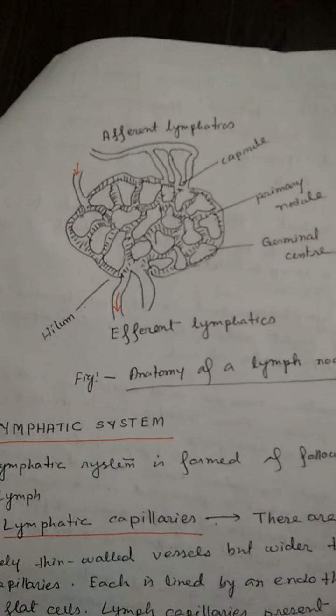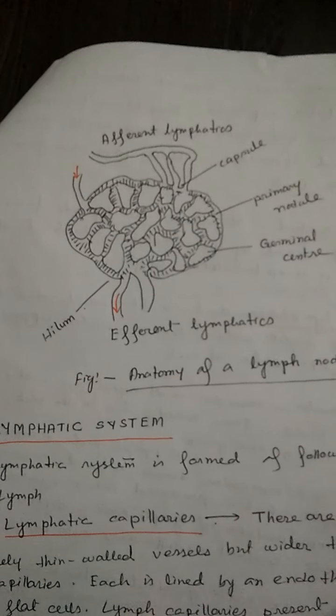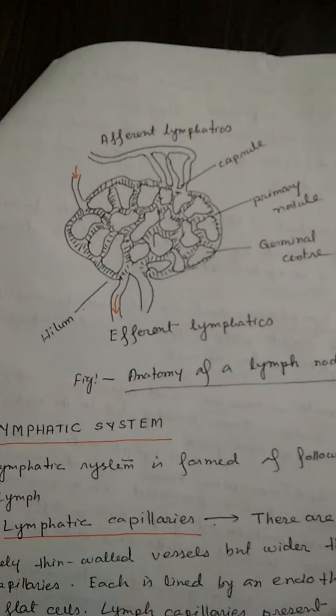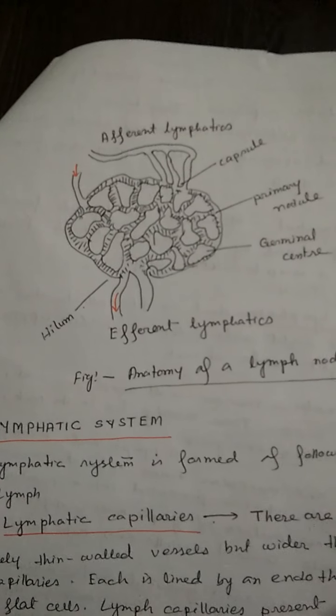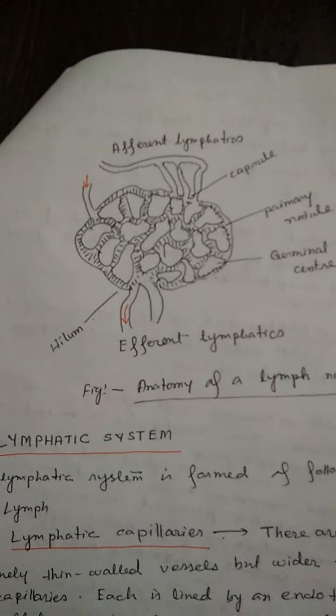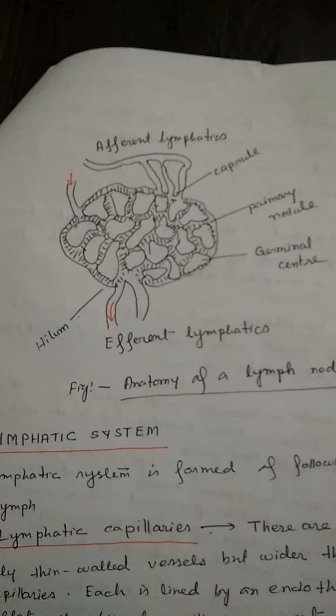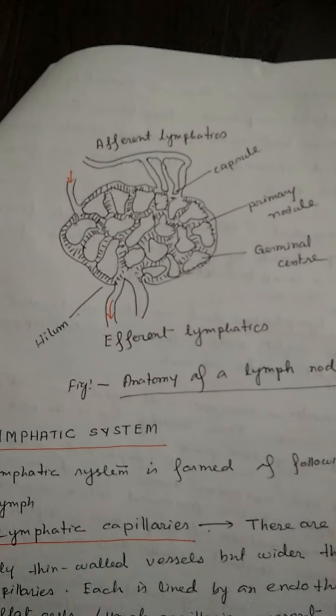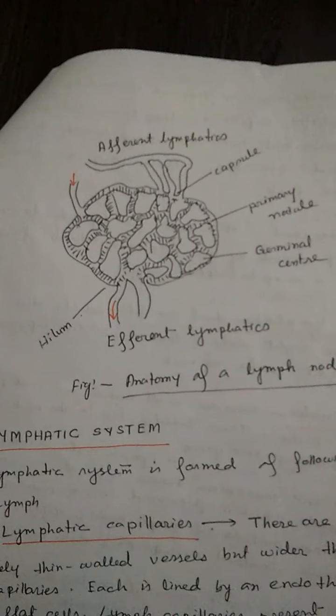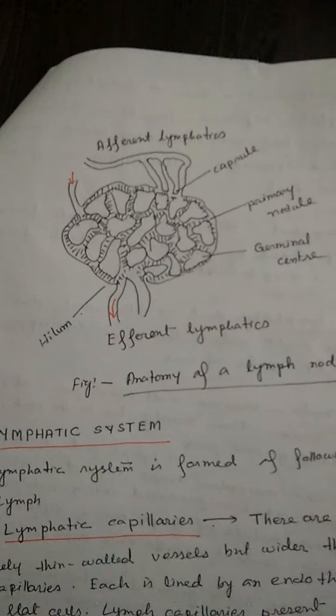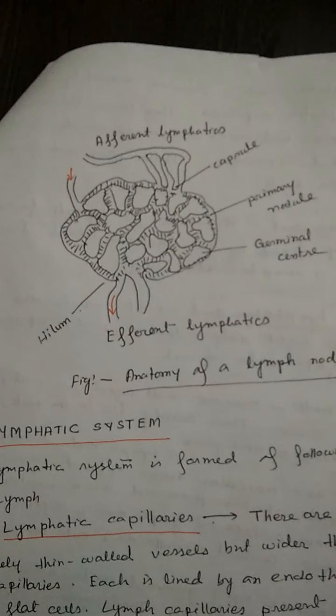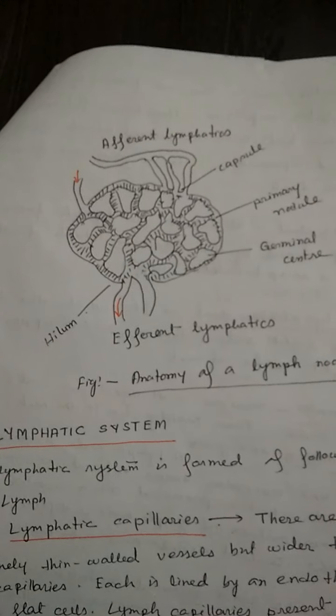Lymph nodes are maximum in the armpit and groin. A lymph node is composed of fibrous and muscular tissue, externally covered by a fibrous capsule, which is produced into a number of trabeculae.